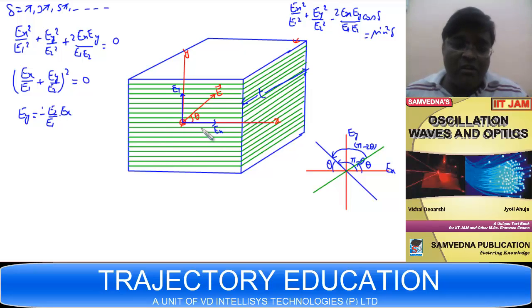It means when a plane polarized light is incident on the doubly refracting crystal like this, it undergoes double refraction, giving rise to an extraordinary wave and ordinary wave. Now they travel through the whole crystal and undergo a phase difference of pi, 3 pi and 5 pi.